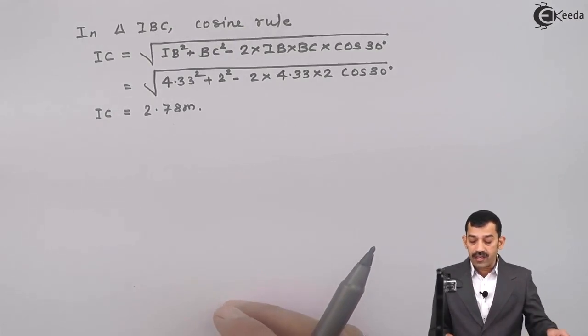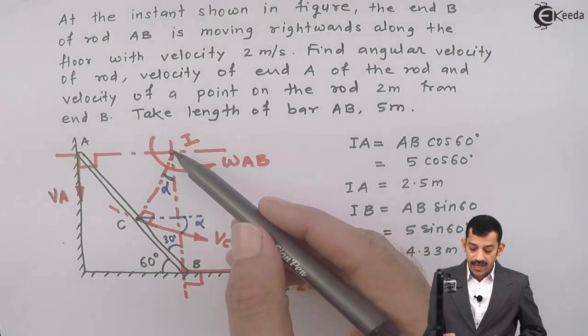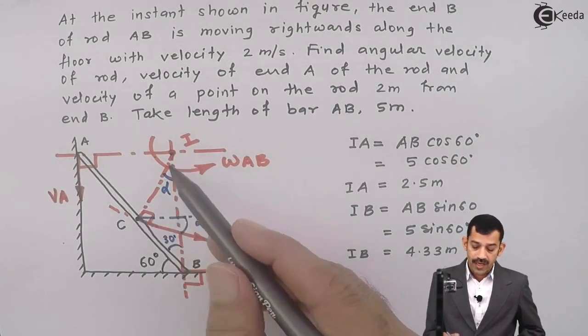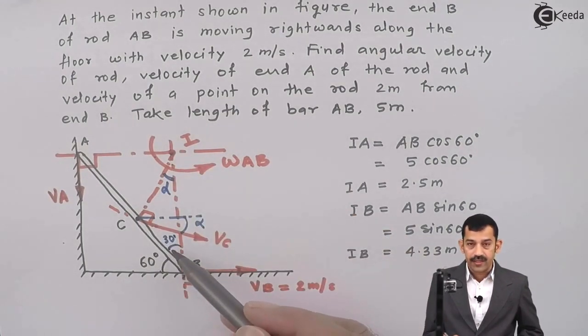Now that inclination alpha, if you want to find out this angle alpha in triangle IBC, now you know length BC, you know length IC, you know length IB, you know one angle that is 30 degree.